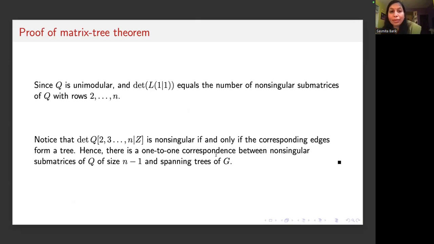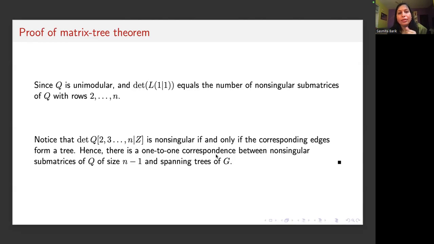Basically, one part I have already shown, that if Q corresponds to a tree, any submatrix of size n-1 has determinant +1 or -1. The other thing is, if it's not a tree, that means some cycle is there, and then you can observe that your columns will be dependent.